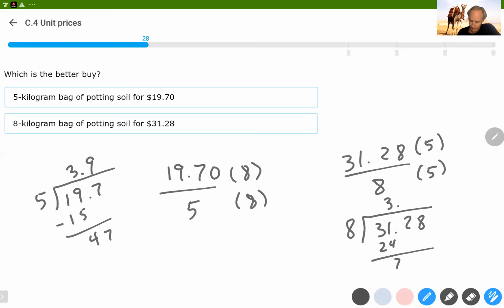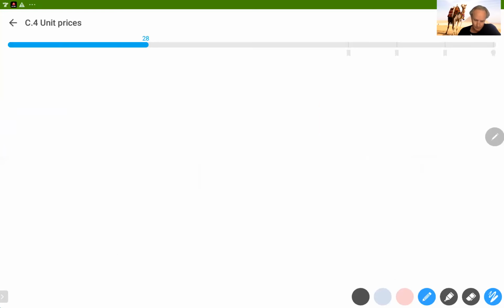And that is 72. And it goes in 9 times. And we have an 8 left, and there's a 1 here. And for this one, this is 45, and we've got a 2. Bring down the 0, and it looks like a 4 right there. So it looks like the better buy is the one that's less. So we're looking at 3.91, which would be this guy right there.